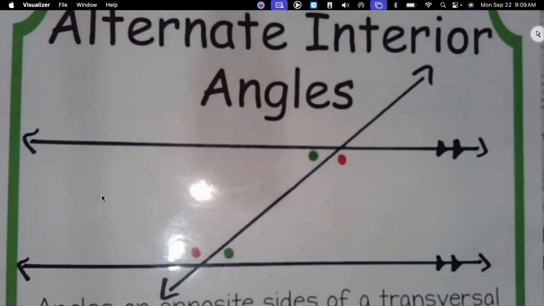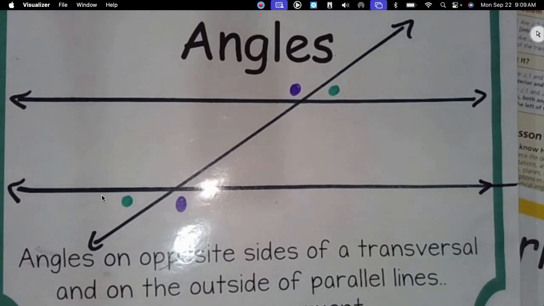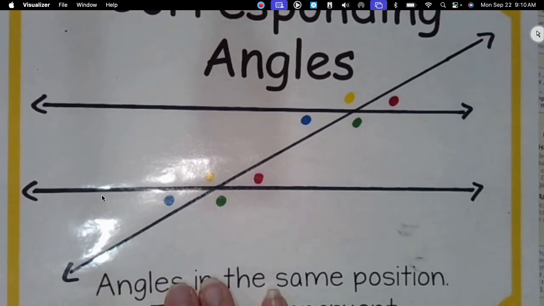I will put it on the board for a little bit, but there's alternate interior. Okay, so let me go through these. Alternate exterior, where are they at? They're on the outside, but they're still opposite sides. Does everybody understand what those words mean? Okay. Corresponding angles, this one is probably the most difficult.